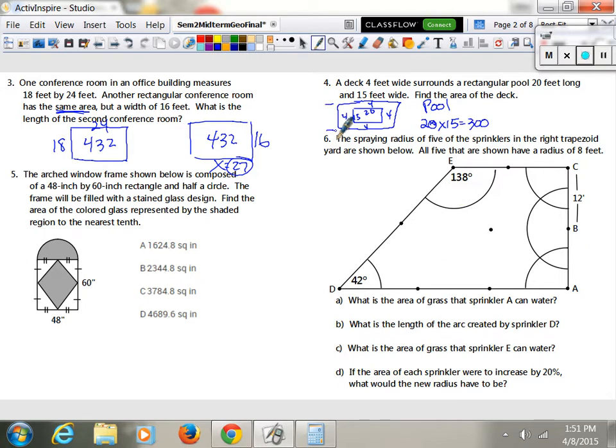Now, this width from here to here is 15 plus 4 plus 4. So that's actually going to be 23. This length from here to here is 20 plus 4 plus 4. That's actually 28. So the entire area is going to be 23 times 28.